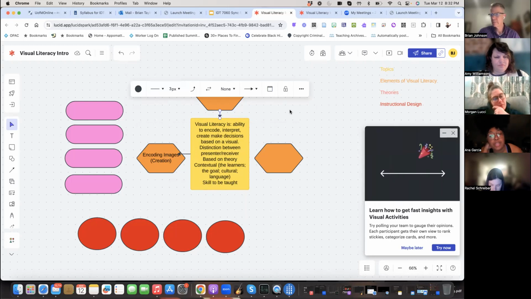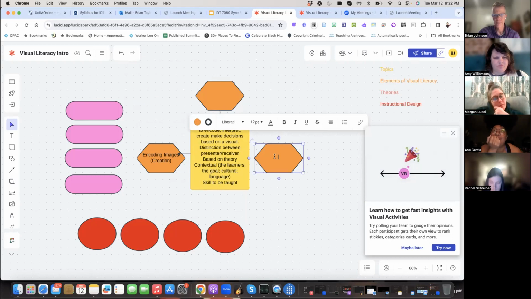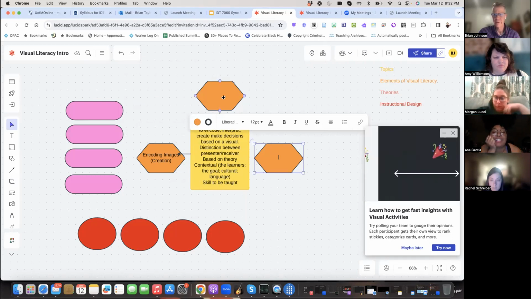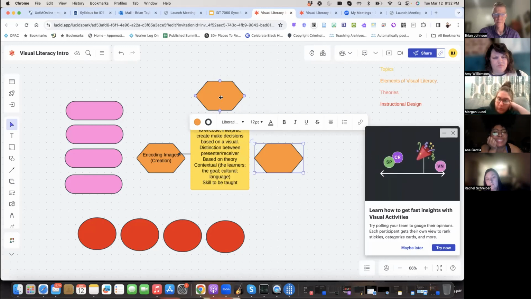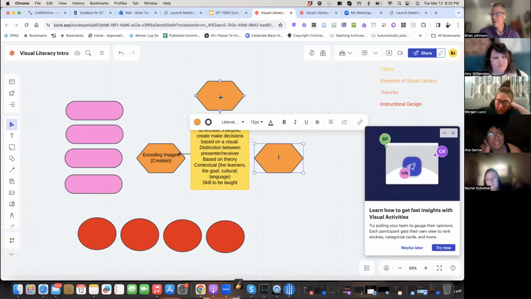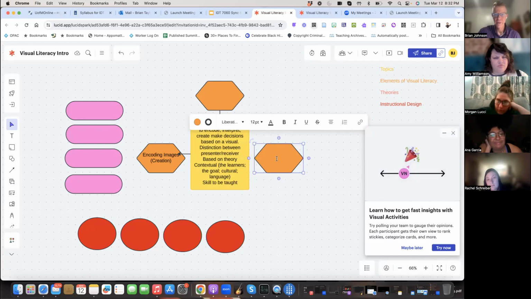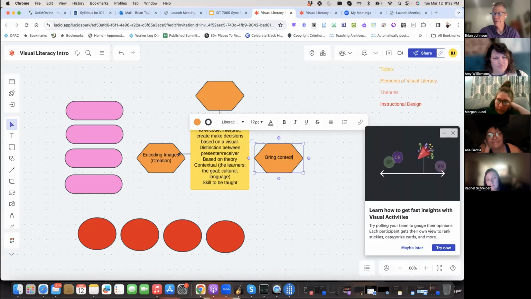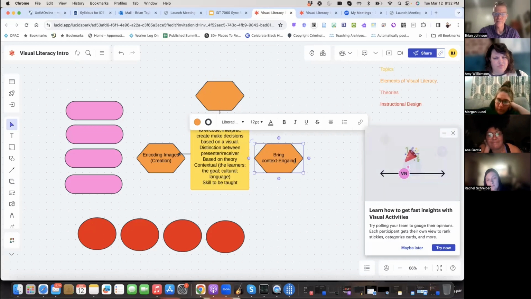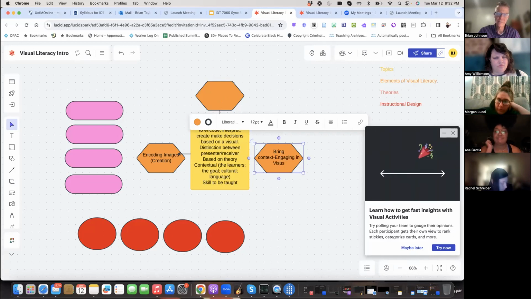Like creation, contextualizing, and to bring context or some sort of organization to it should be one of them. Yes. So like what you said, bring context. Really I think we could call this engaging in visual thinking, the big picture one.